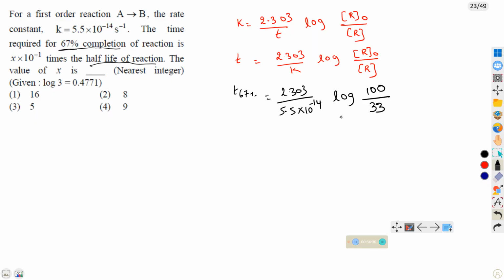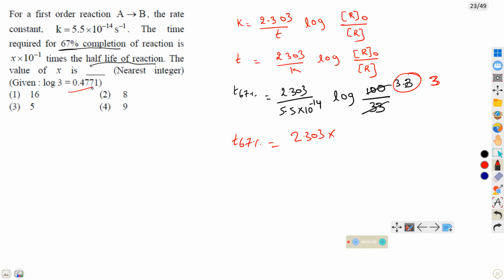Simplify, and then 100 by 33, how many times? 3.03 times. That means here you can take nearly 3. So T 67% is equal to 2.303.